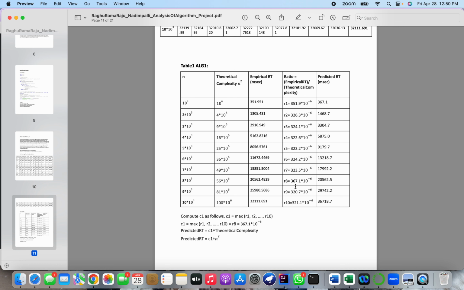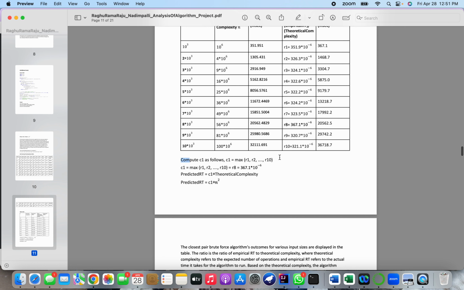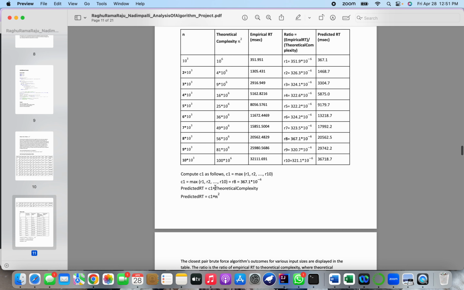This is how the ratio comes, and from these ratios we have to get the maximum ratio in order to compute the predicted RT. So C1 equals the max of all the ratios, and from these ratios I found that R8, which is 367.1 into 10 power minus 6, is the maximum.